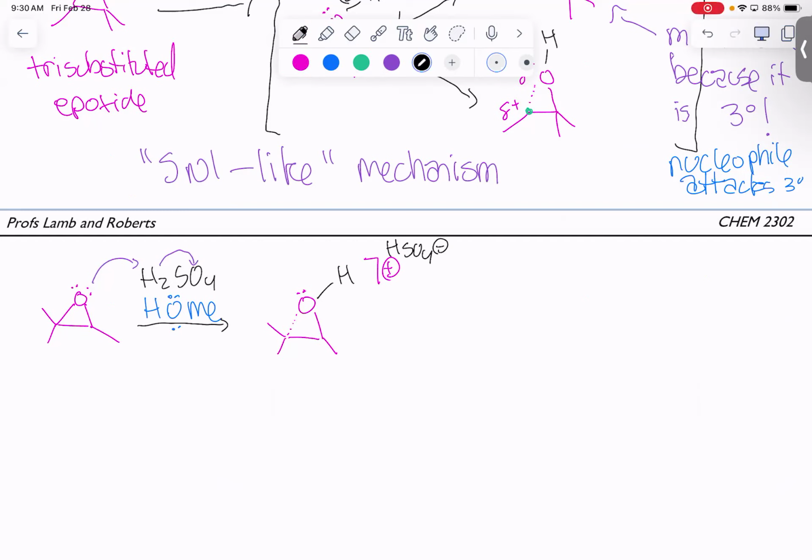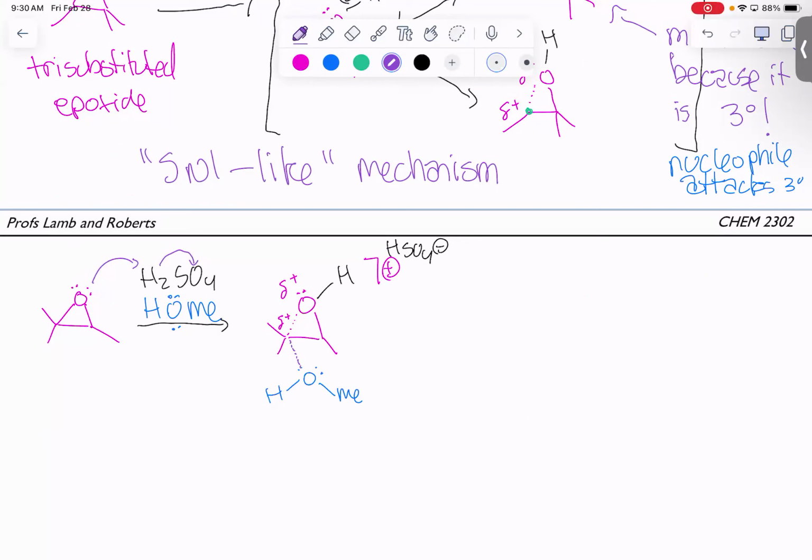Because we are thinking about that charge being distributed as a delta plus on the oxygen, as a delta plus on the carbon. And it turns out as our nucleophile is attacking to break this bond, we start to see that this bond is starting to be made, this partial bond here.